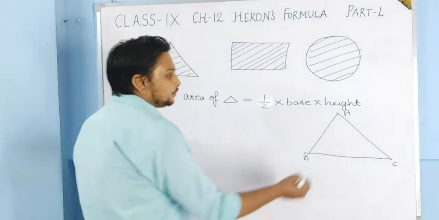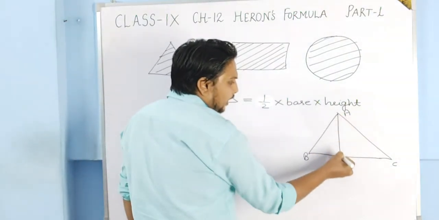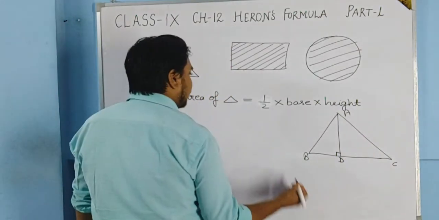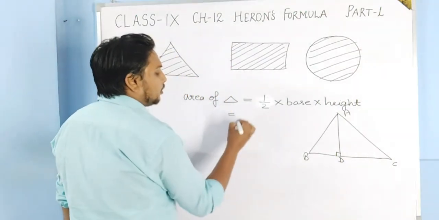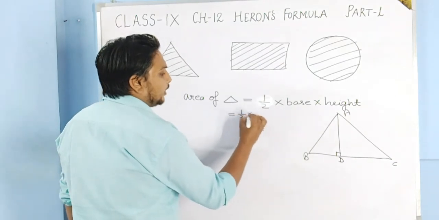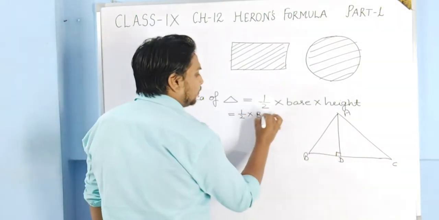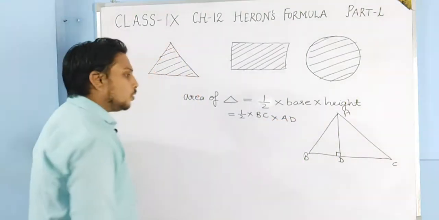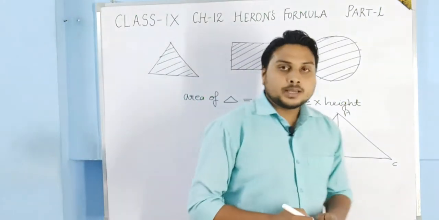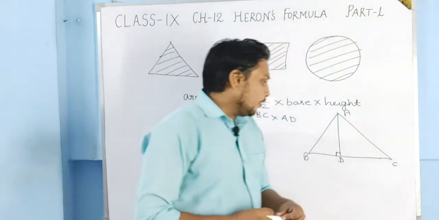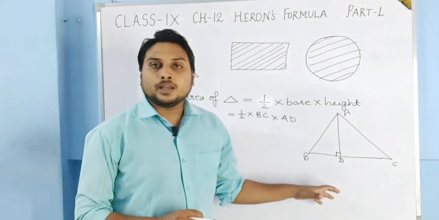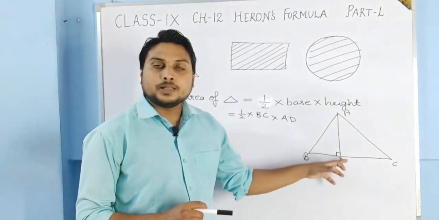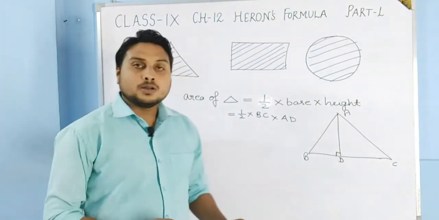If the triangle is there and its height is also given, then we can apply the formula: area of triangle is half into base, which is BC, into height, which is AD. One more thing, students: whatever base you take, you should take only the corresponding height.